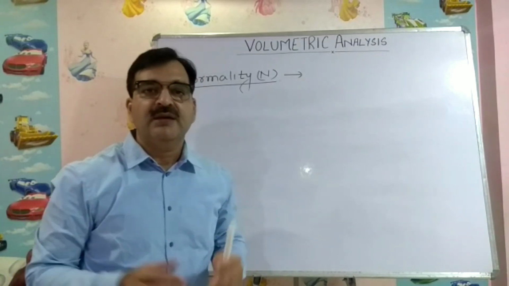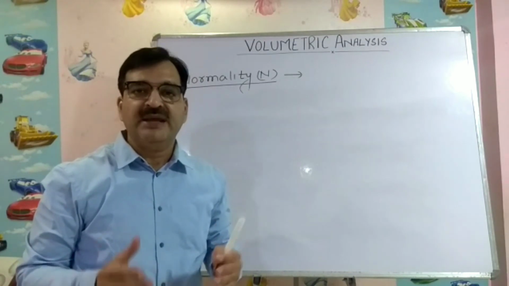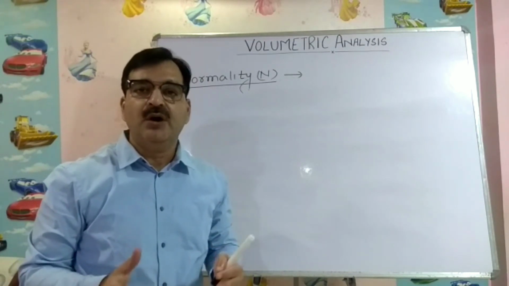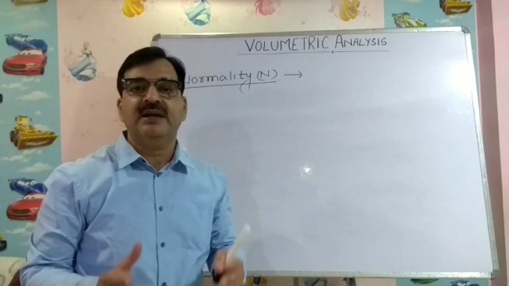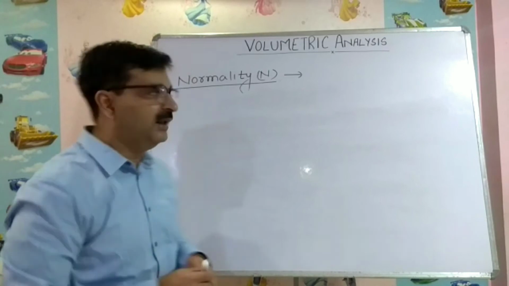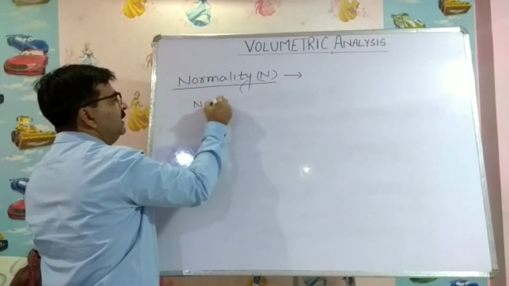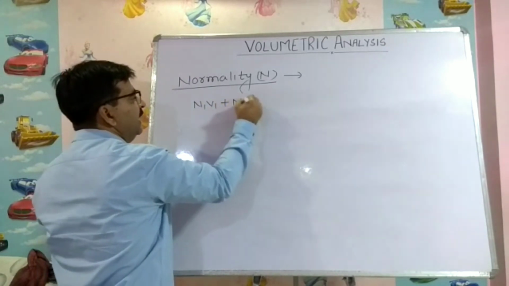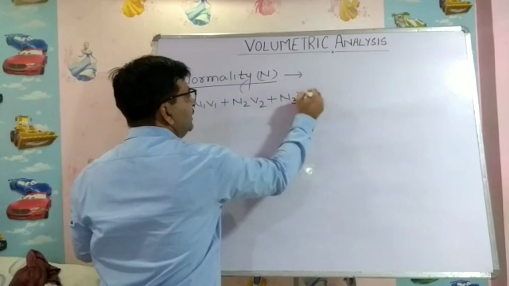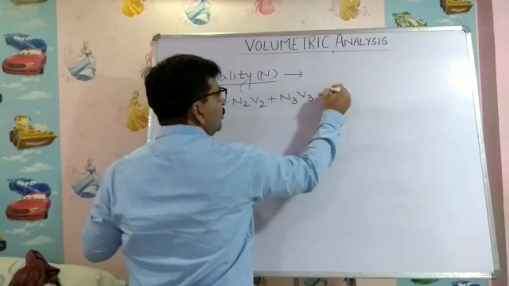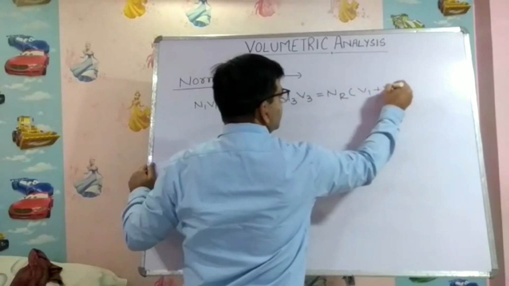If we mix three acidic solutions or basic solutions and we want to get the normality of the resultant solution, then we apply the relation N1V1 plus N2V2 plus N3V3 equal to NR into V1 plus V2 plus V3.